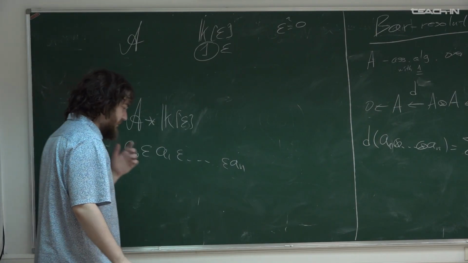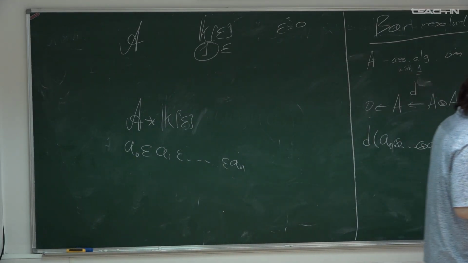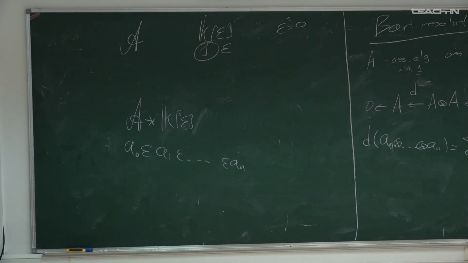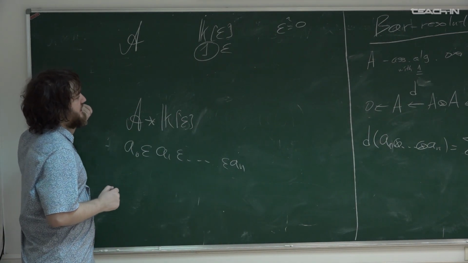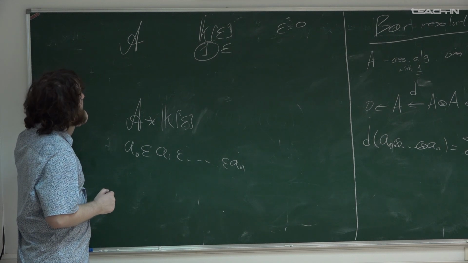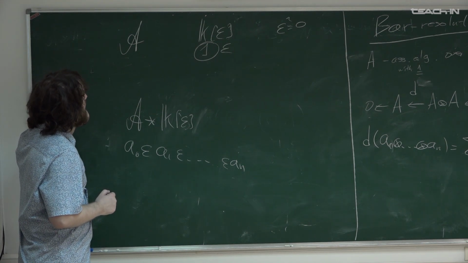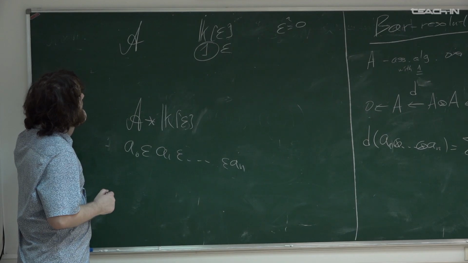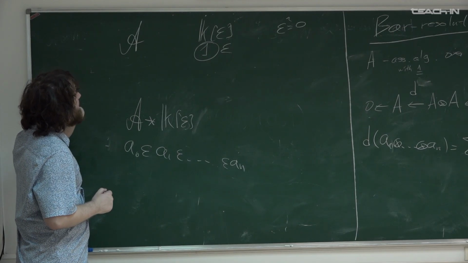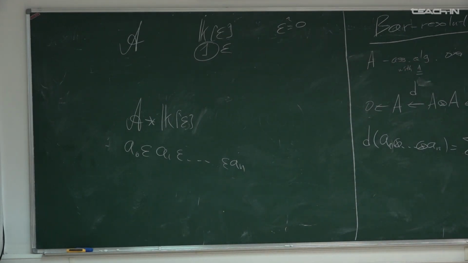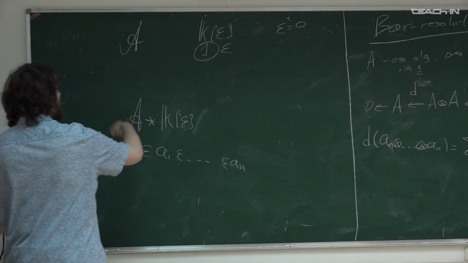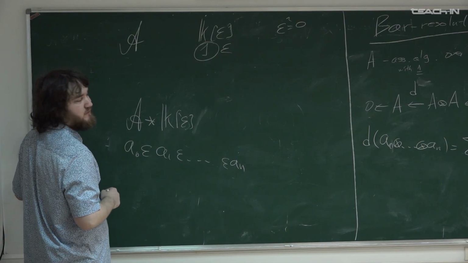And another observation: if you have two associative algebras with differentials, and the two differentials satisfy the Leibniz rule, and you want to define a differential on the free product, what do you need to define?